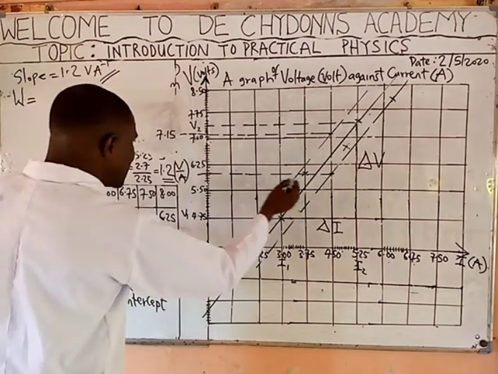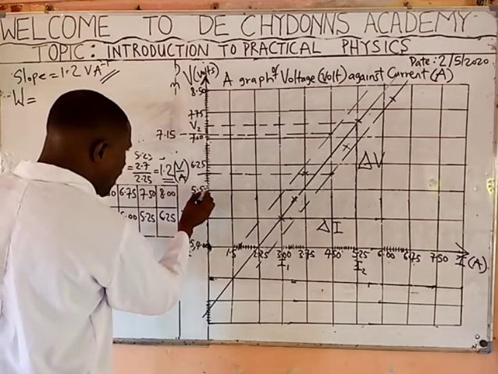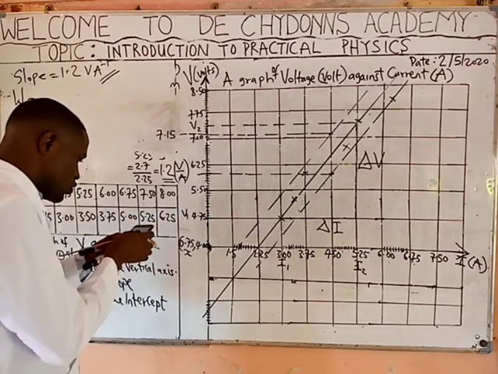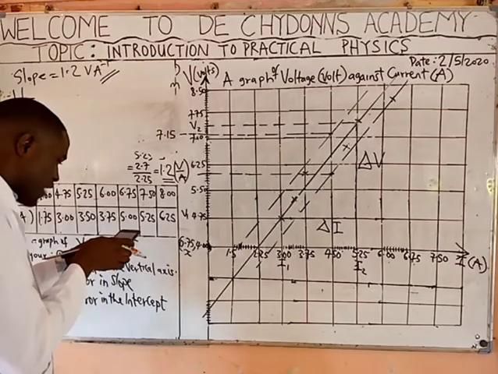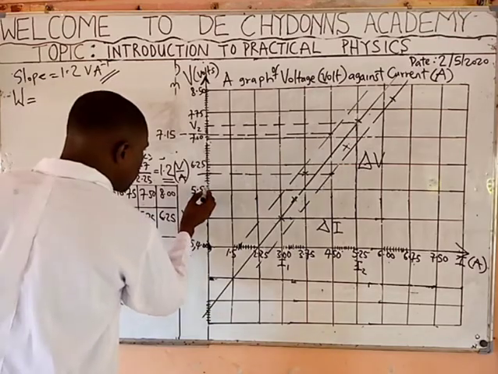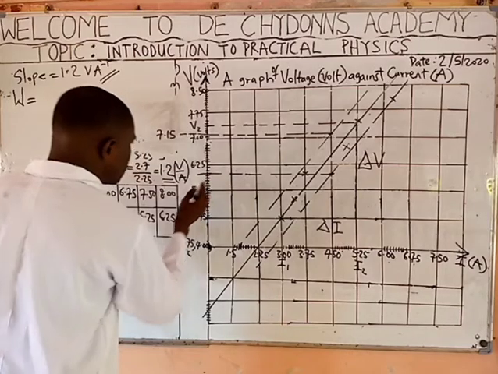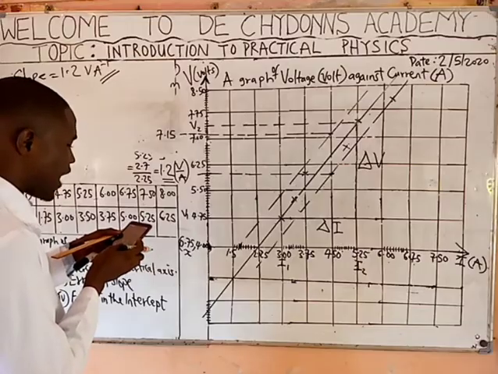Then extrapolate this reading out. You have up to how many spaces? 1, 2, 3, 4, 5, 6, 7. You have 7 spaces. You say 0.075 times 7, because we have 7 spaces. So 0.075 times 7 will give us 0.525.